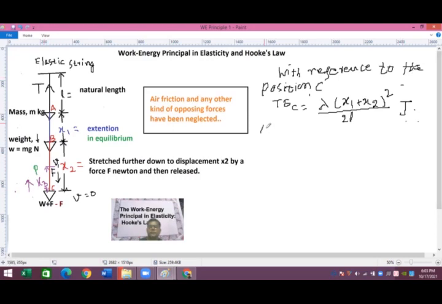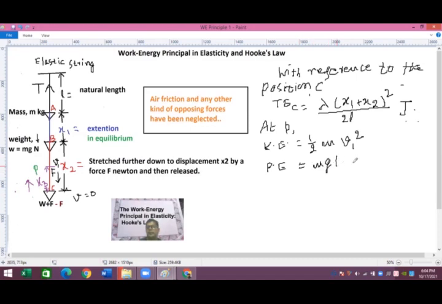So at P, the kinetic energy formula is given as half m v squared. So v we have supposed here as v1, so you can write here half m v1 squared. And if you talk about the potential energy at this point, potential energy is mgh.